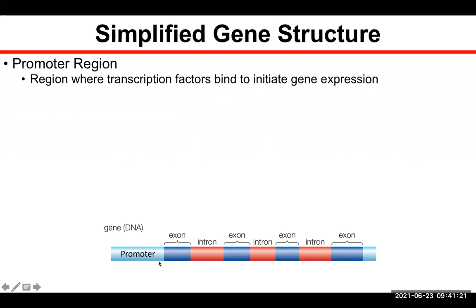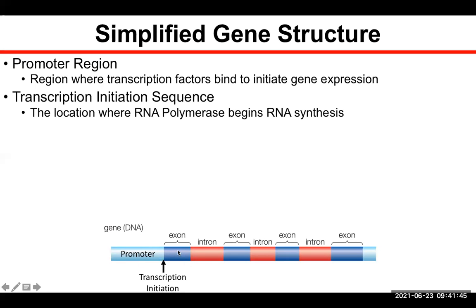The first part that you really want to understand is this promoter region of a gene. Every gene is going to have this region. This is where these proteins called transcription factors are going to bind. These proteins are really important for initiating this gene to get expressed so it can be made into a protein.